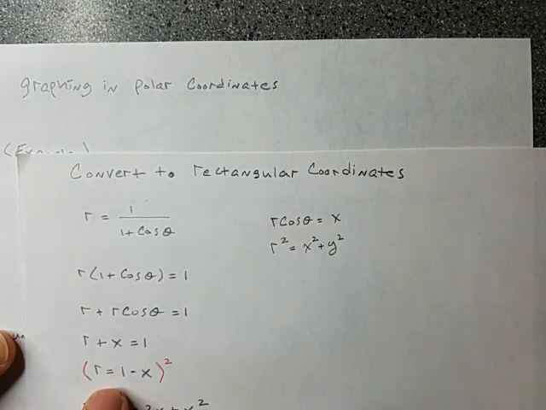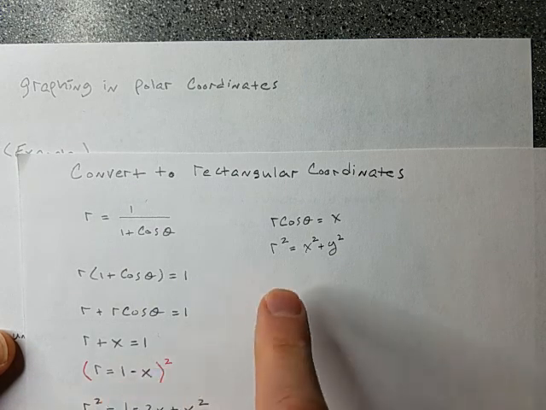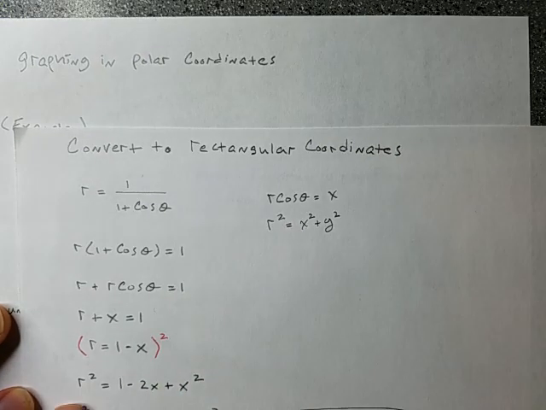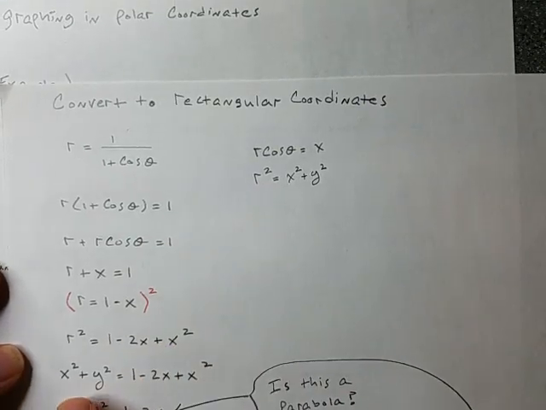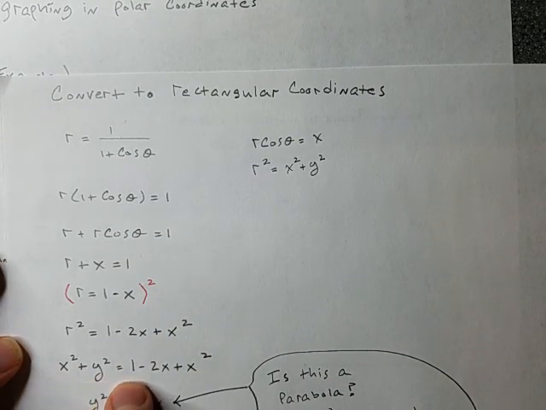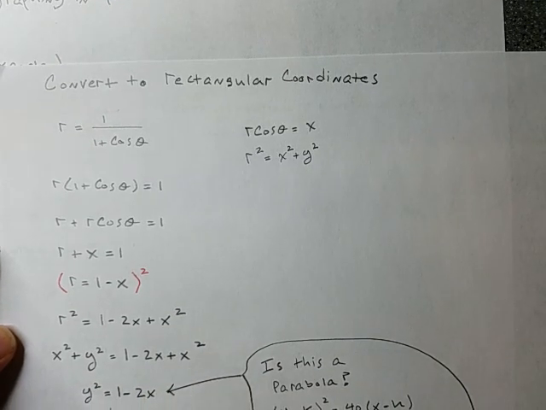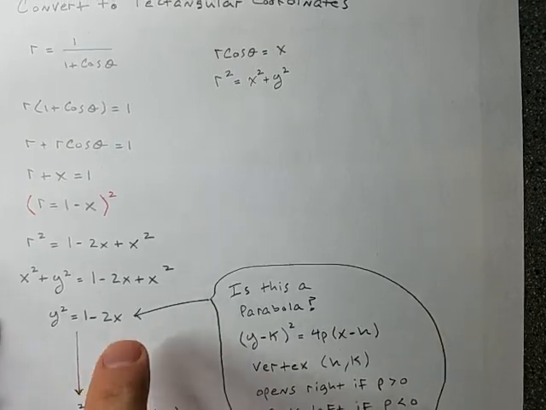So I had the idea that I'll square both sides of this equation, because then this conversion can be introduced. So I square both sides of the equation like so. And then r squared, like I was saying, is in fact x squared plus y squared. So I get this. The x squared here cancels with the x squared here. Okay? And now I get this.